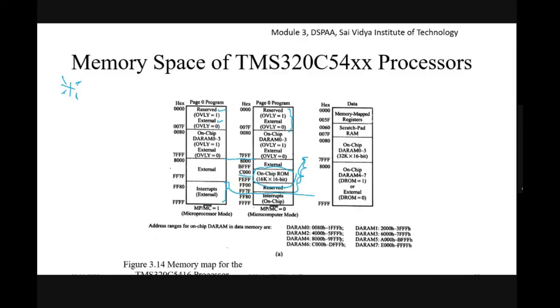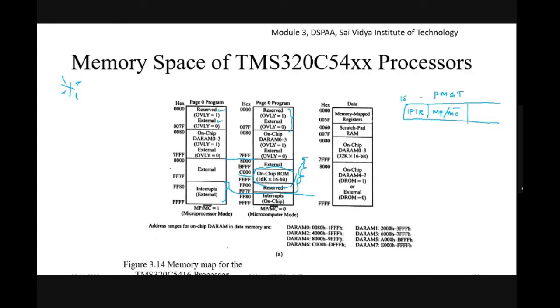See, the memory space plays a very important role in the PMST register that we all know, we have learned in the basic beginning classes. Processor mode status register will have IPTR, that is interrupt vector pointer, and we'll be having the next bit called MP bar MC, that is of 1 bit again.